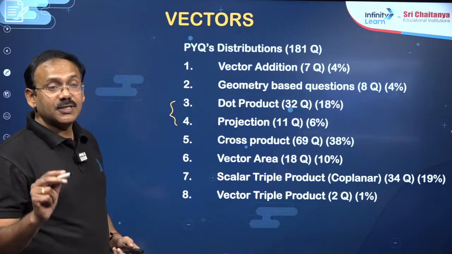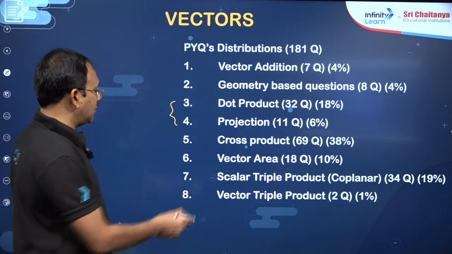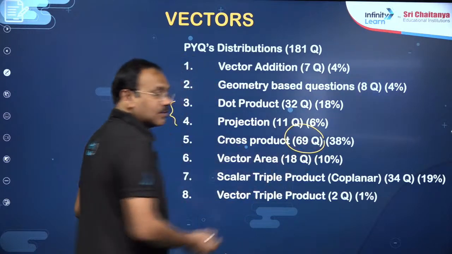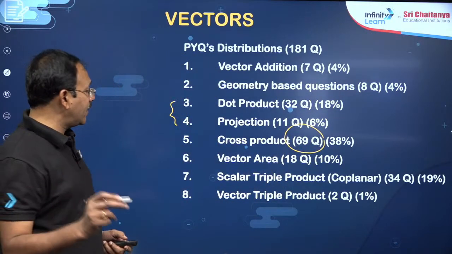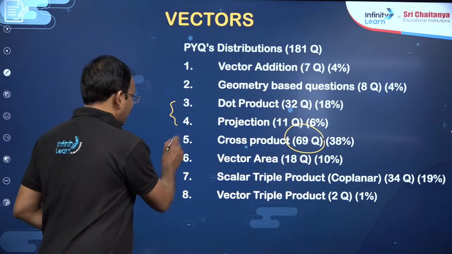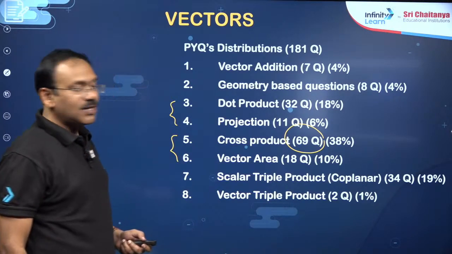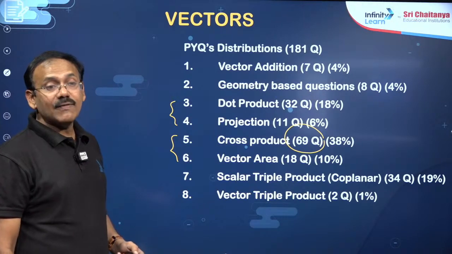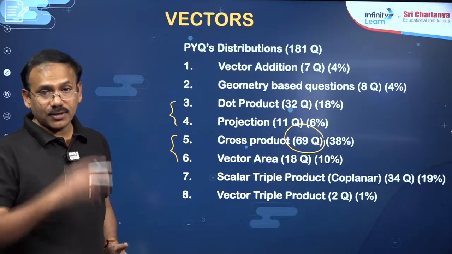Cross product, the major part, has 69 questions. So cross product questions are very important. Even vector area comes under cross product itself. So we can say around 87 questions out of 181 are from cross product alone.